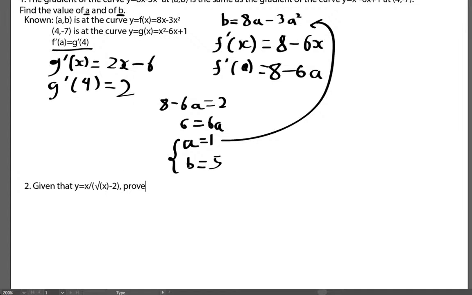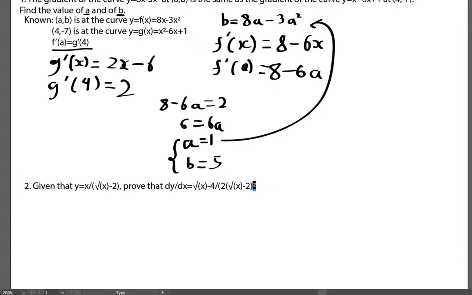Prove that dy over dx equals square root of x minus 4, divide the entire thing by 2 times square root of x minus 2 squared.